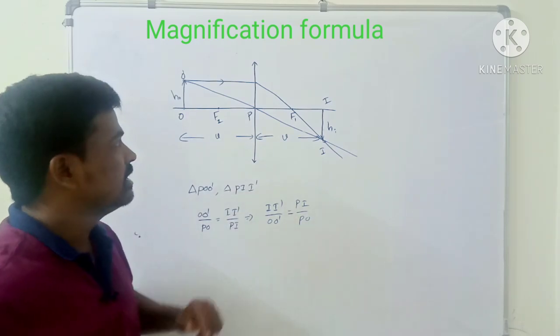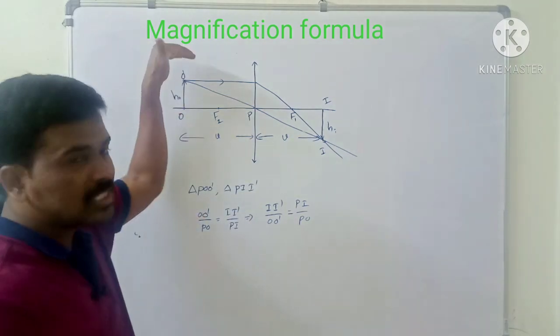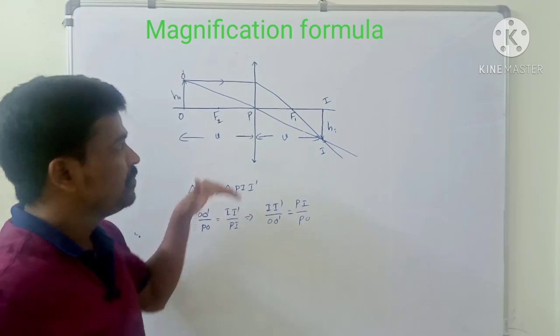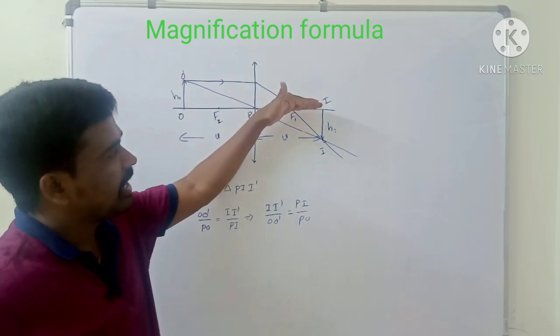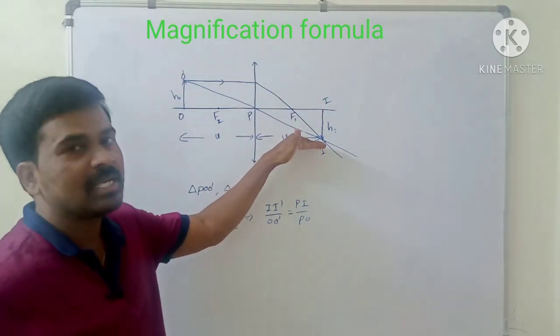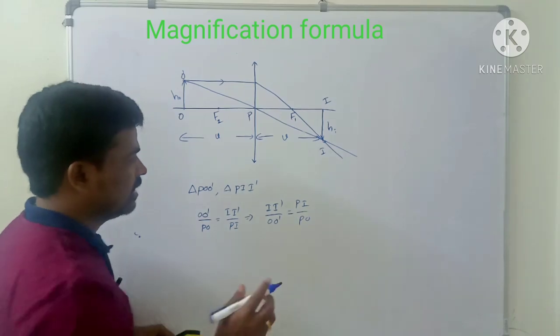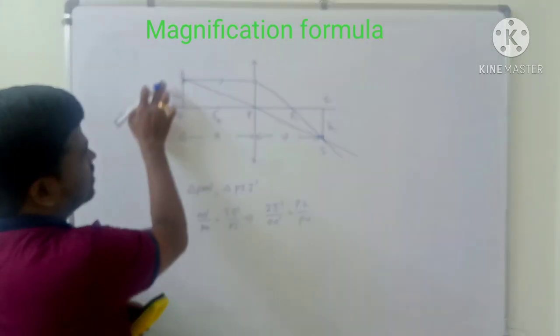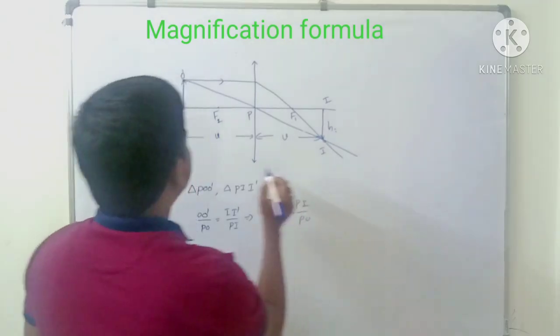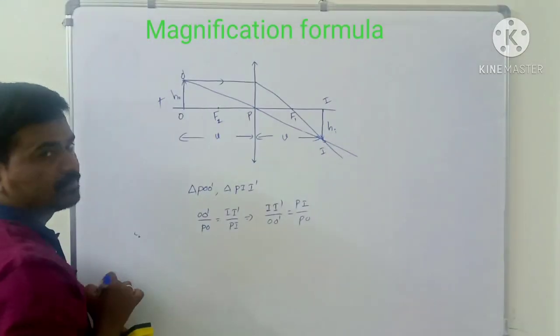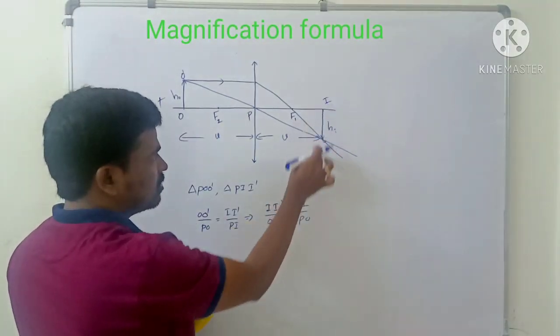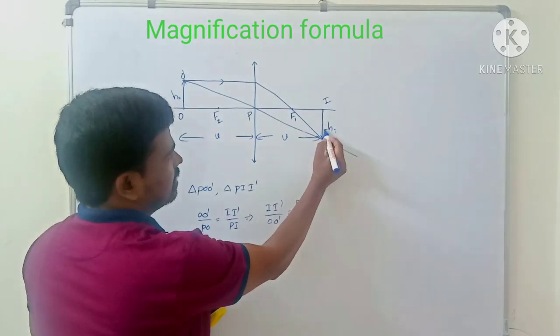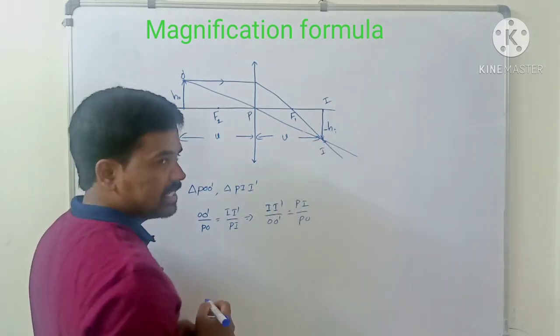The height above the principal axis is taken as positive, and the height below the principal axis is taken as negative. Let me write, you can understand easily. This is above the principal axis, so it is plus. This is below the principal axis, so by the sign convention it gets minus.